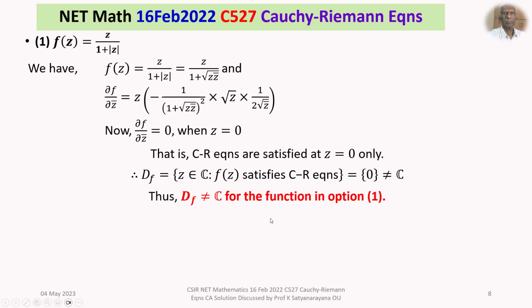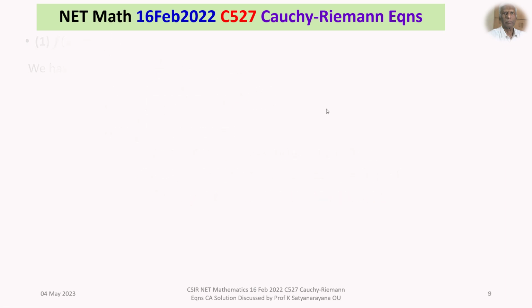So we have seen, we go to the remaining option 3. So for option 3, D_f must be equal to C, because for options 1, 2 and 4 D_f is not equal to C. Therefore, one answer must be there.